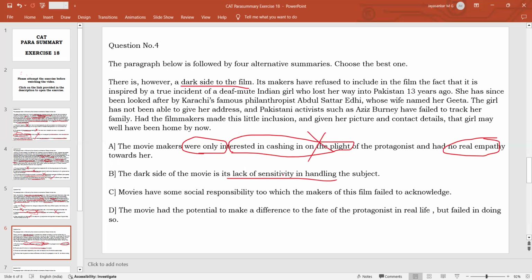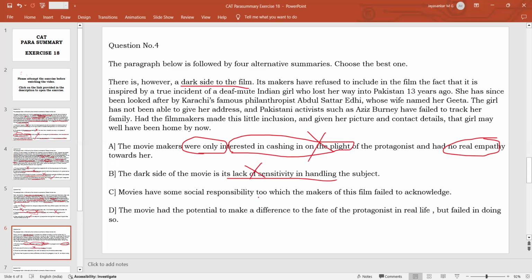That we cannot say. It is talking about a problem in depicting the girl in the movie. That is not stated in the passage, whether the movie makers were sensitive or insensitive in handling the subject in the movie. So again, wrong. This is again a wrong assumption taken from the paragraph.